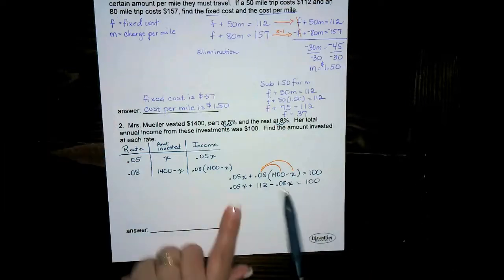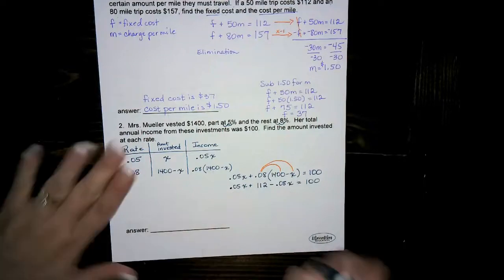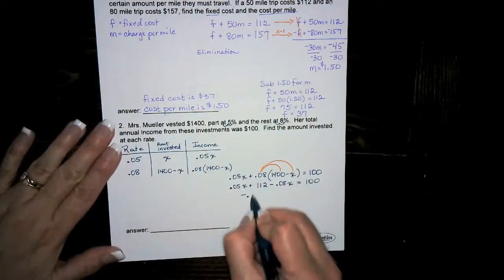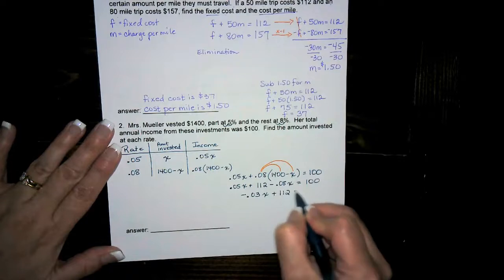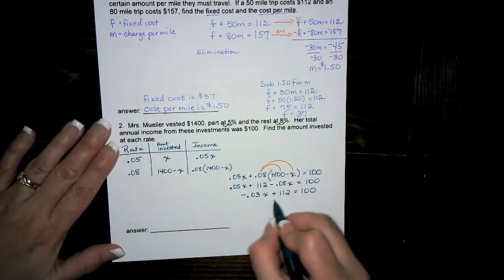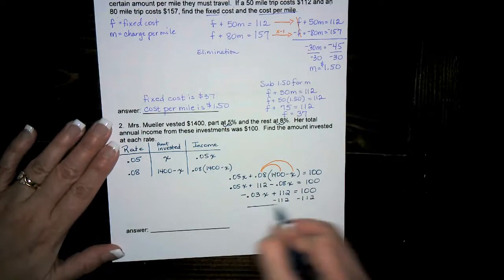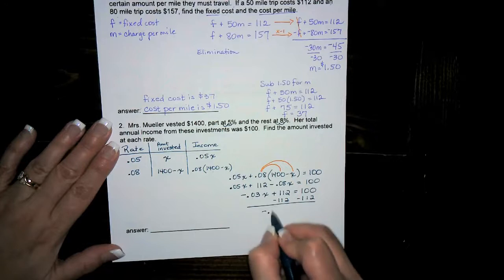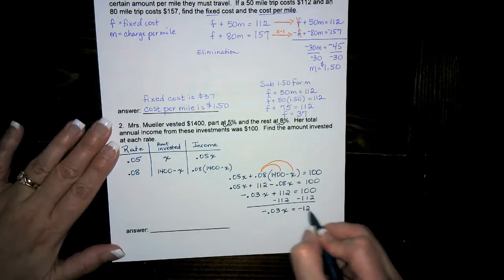Now, if you'll do this in your calculator, 0.05x minus 0.08x, you get negative 0.03x plus 112 equals 100. Now let's solve. We'll subtract the 112. And that leaves me with negative 0.03x equals negative 12.